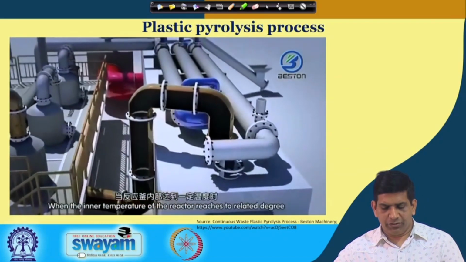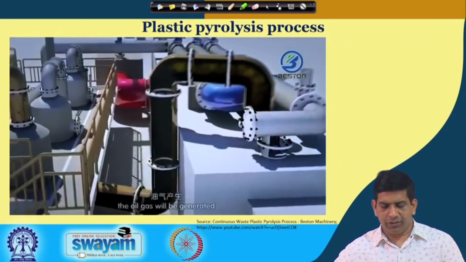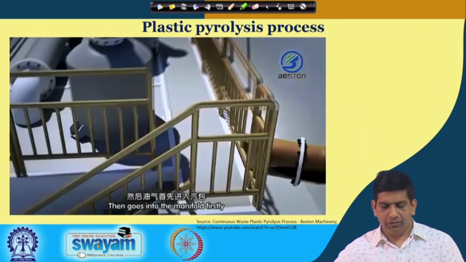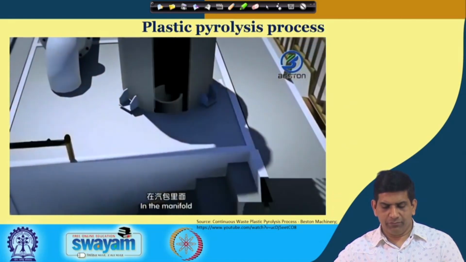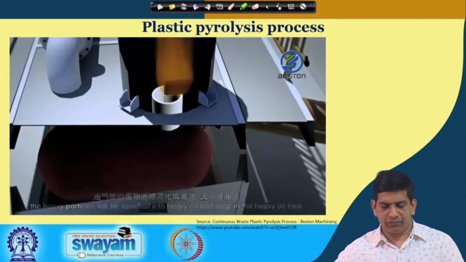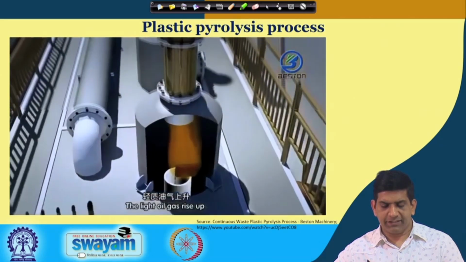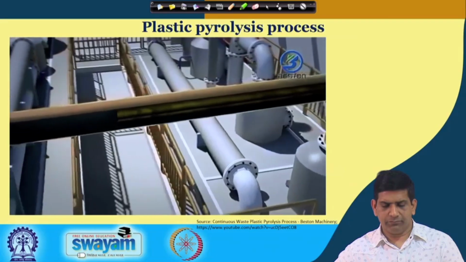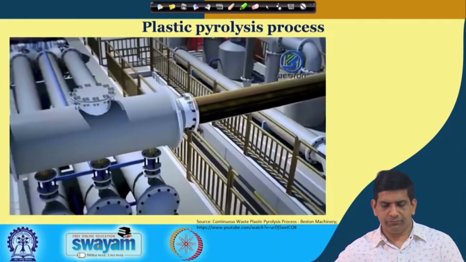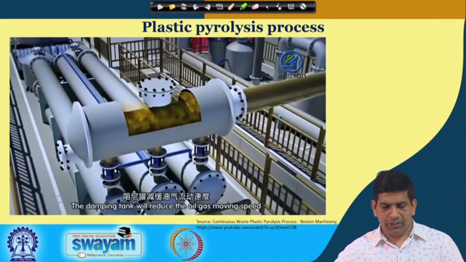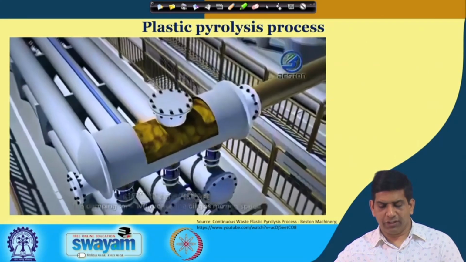So, when the inner temperature of the reactor changes, oil gas will be generated, and then it goes to the manifold. From the manifold, heavy particles will be liquefied, light gases will rise. So here they have a damping truck, which will reduce the oil gas moving speed.